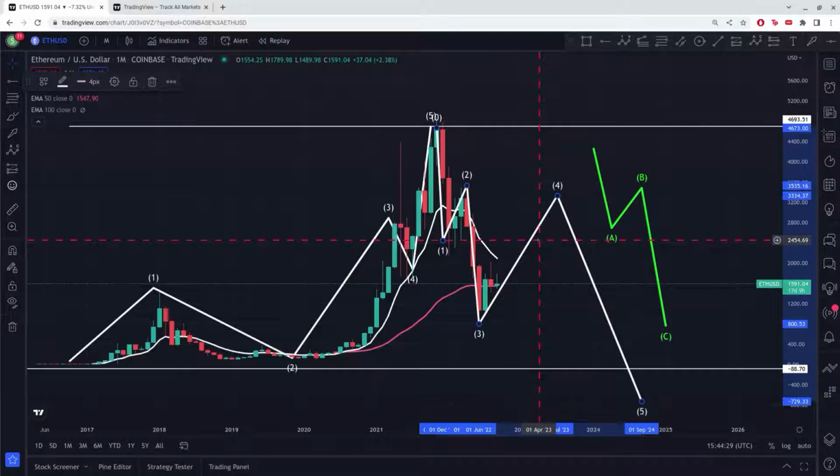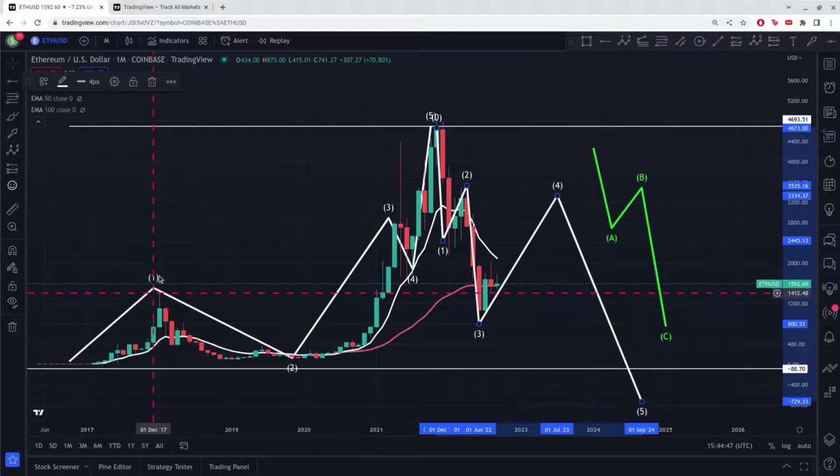So the corrective wave is a three-wave pattern, and it will get a form of resistance around this area of supply. Once it gets to this level, what to expect next is a resistance that will lead to a bearish move downwards that may probably lead to the break of the structure. So it might test or break the structure.